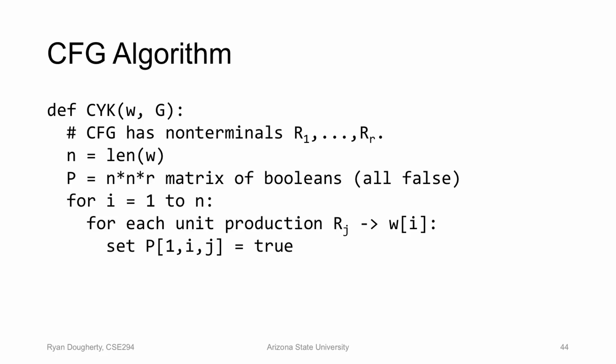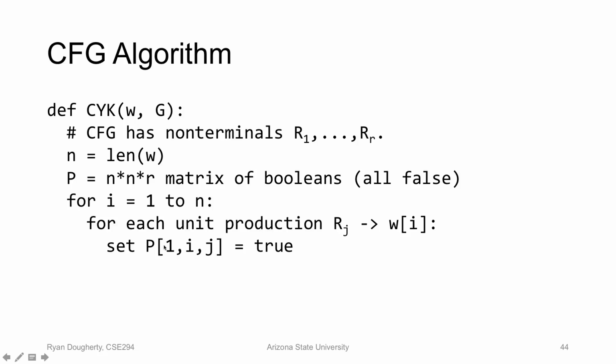So what I'm going to do is set P of 1, i, j equal to true. So what is the notation here? The notation means this last entry means the particular one of the variables. So here it means the jth variable, whatever rj means. i here means where the substring that I'm looking at starts.